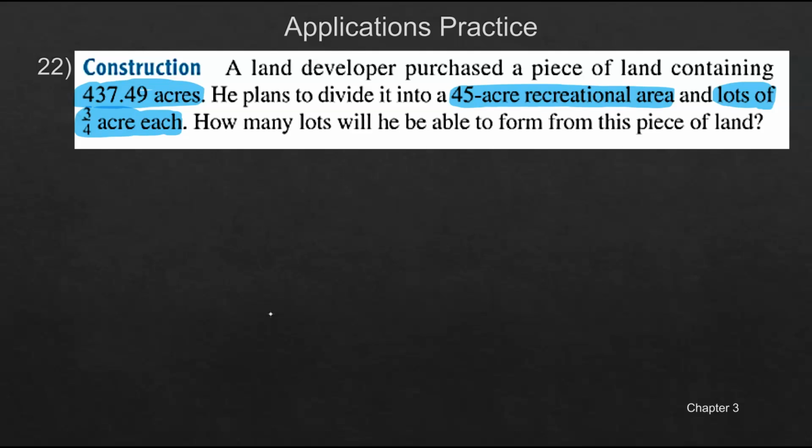All right, so to set this up, we're going to take 437.49 and subtract 45, because we're going to do one 45-acre area. Okay, that leaves us with 392.49 acres. All right, that's what we have left after that 45 acre plot.